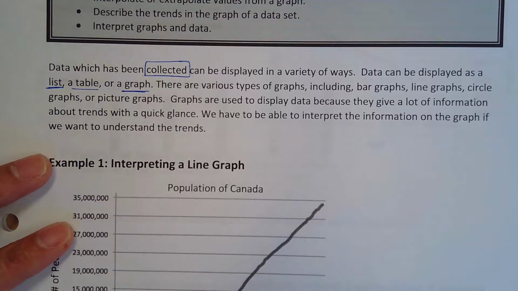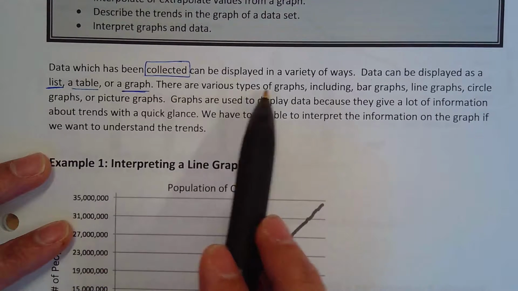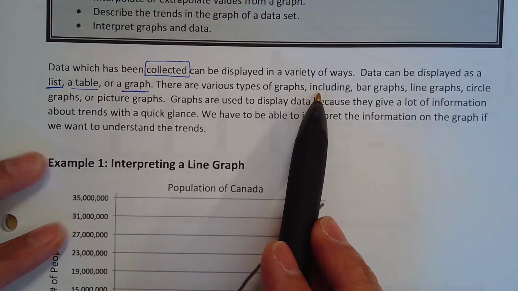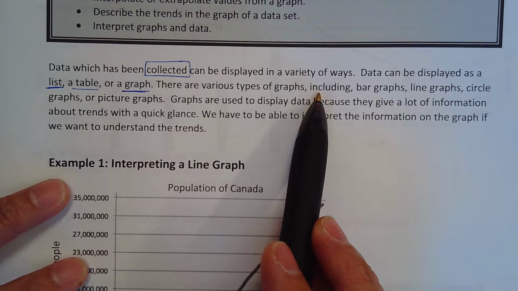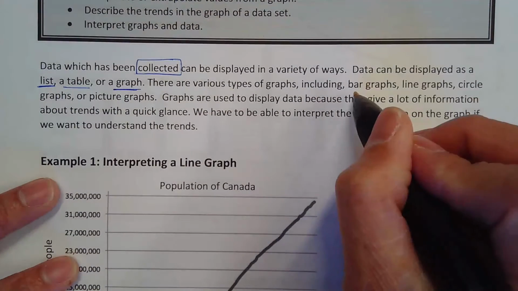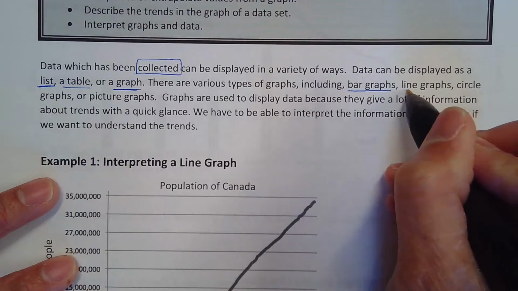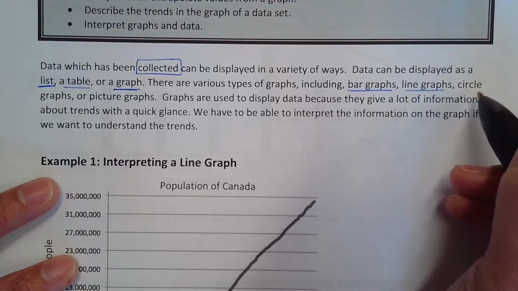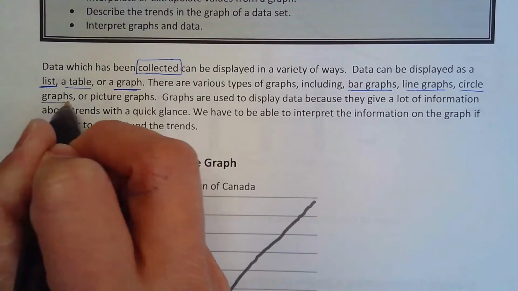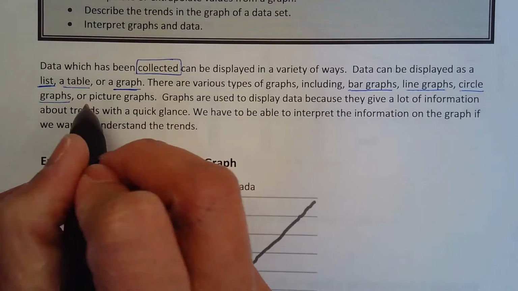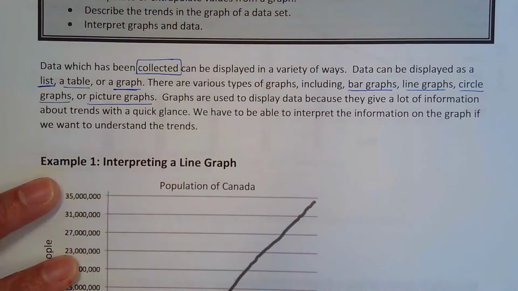And when we talk about graphs, there are different kinds of graphs, and we'll explore that as well. So there are various types of graphs, and the ones that we're going to be particularly interested in are bar graphs, line graphs, circle graphs, or picture graphs.